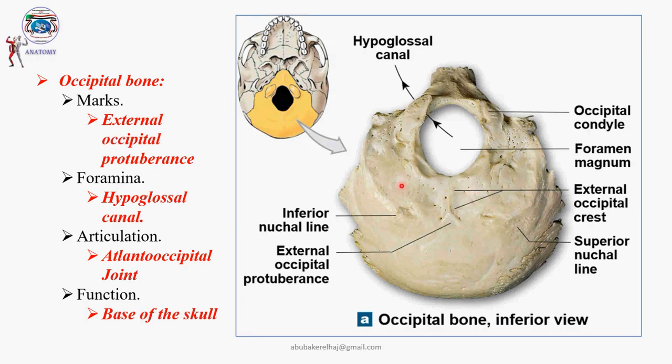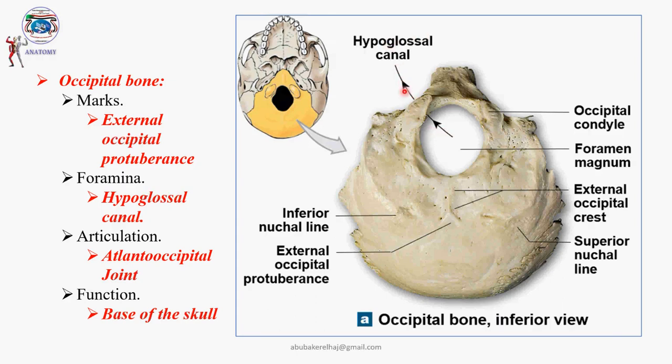Deep to these lines we have a rough area that gives attachment for the deep muscles. Then we also have the external occipital crest, which gives attachment for the ligaments in the median plane of the neck.